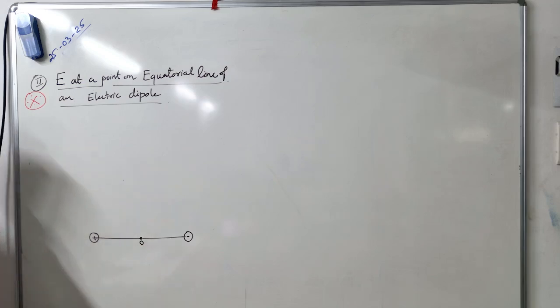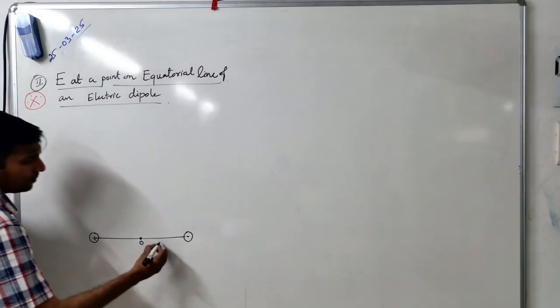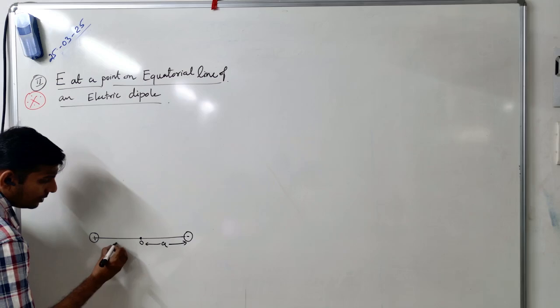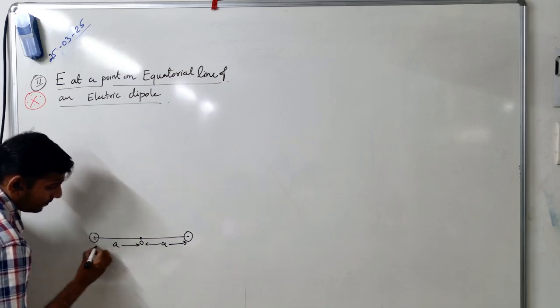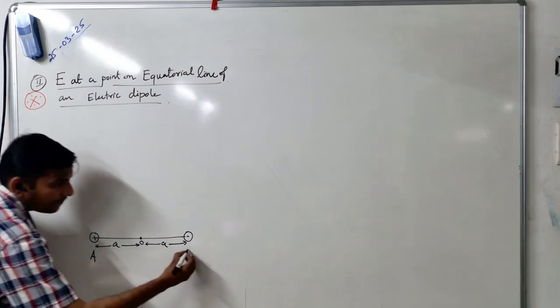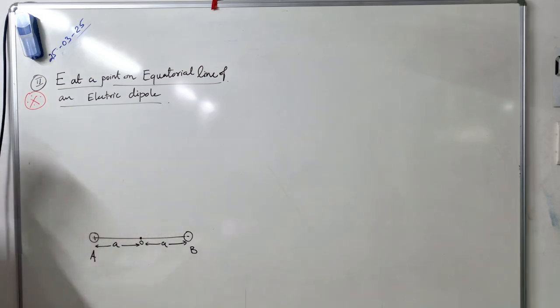This point is called O. This distance is a, and this distance is also a. Point is capital A. Point is capital B.